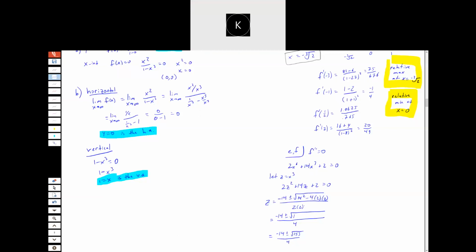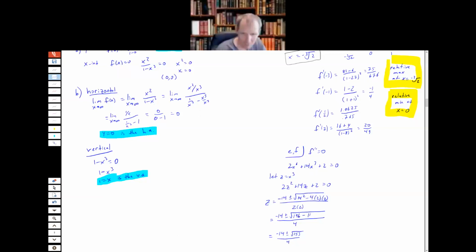Yeah, 14 squared is 196. And 196 minus 16 gives me 180, not 153. So I'm going to blame a glare on my calculator, but that's just me not being careful. Thank you.